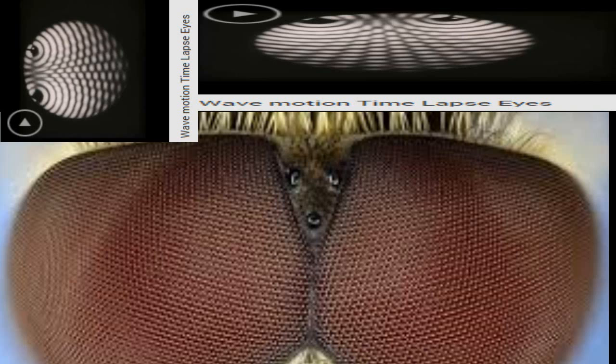So the same as you can see the size of the waveforms on the wave picture, these lenses are a corresponding size to the waveform octagon that is hitting its eye.